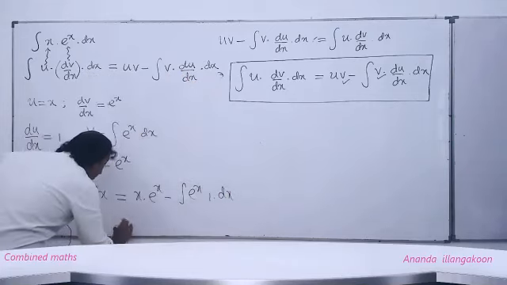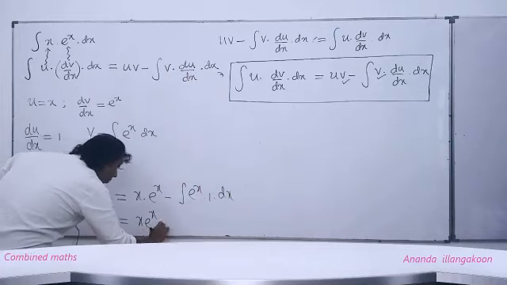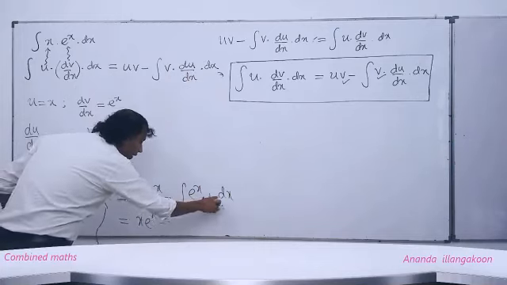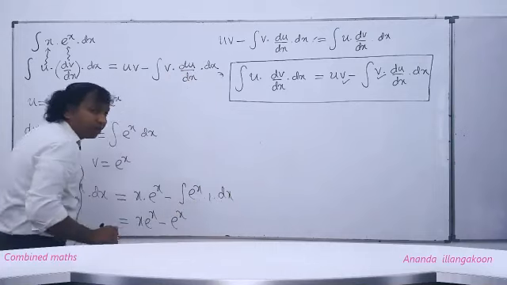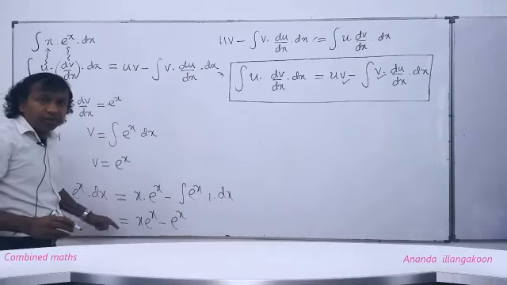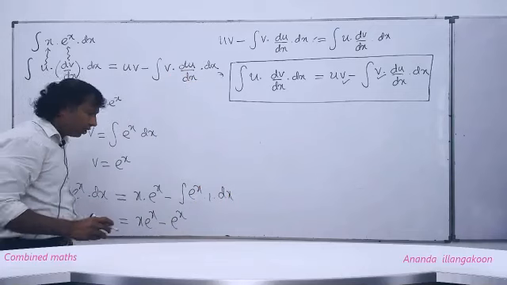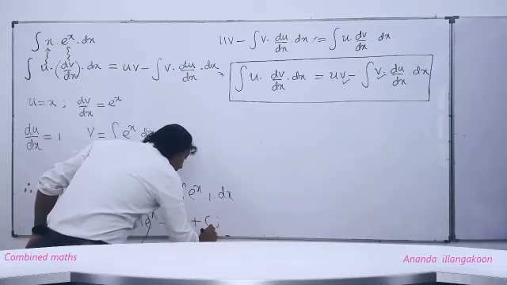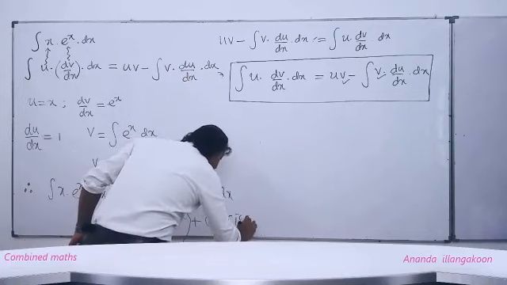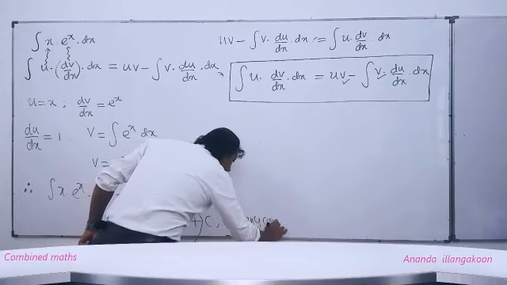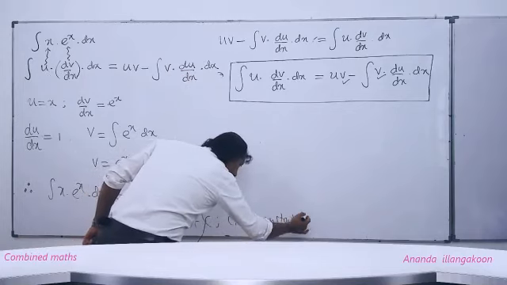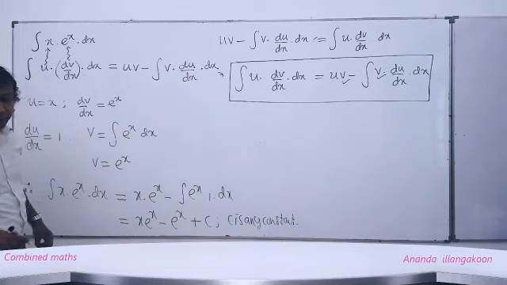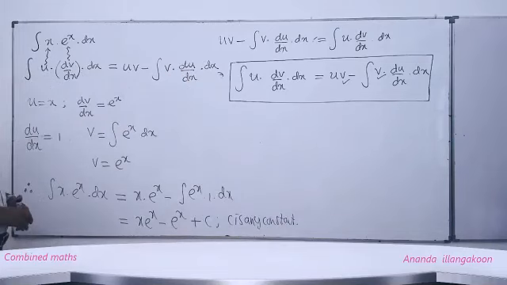Then here we have x e^x minus the integral of e^x, which is e^x. When we integrate e^x, we get e^x. Then we have finished the integration. Then put the c, where c is any constant. This is how we use integration by parts.